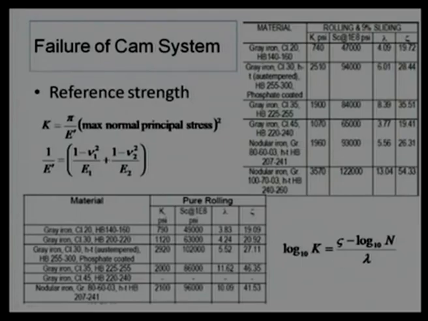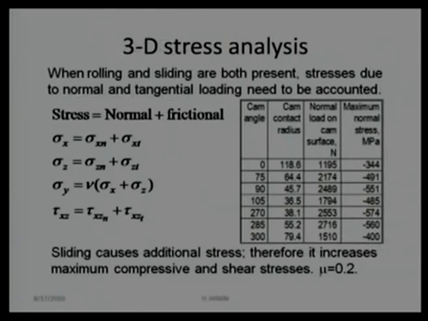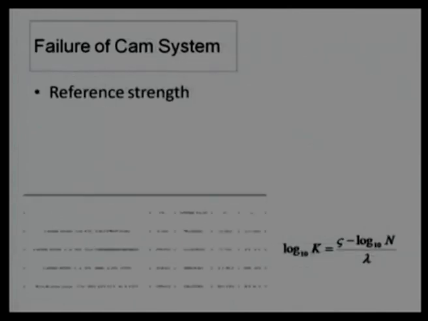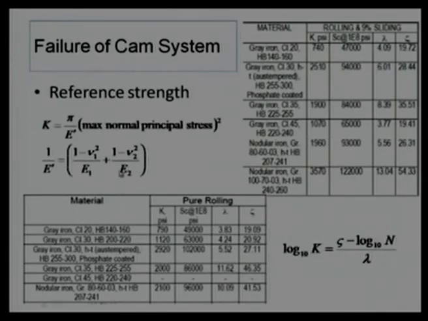of the cam follower mechanism. Now, if I find out the maximum normal principal stress, which we determined in the previous slide, that stress can be utilized in this to find out the value of k for a material. If I know grey cast iron is being utilized for our cam material, I can estimate the maximum normal principal stress.